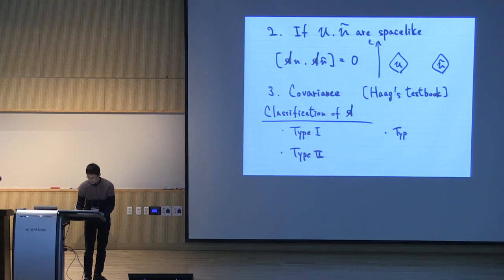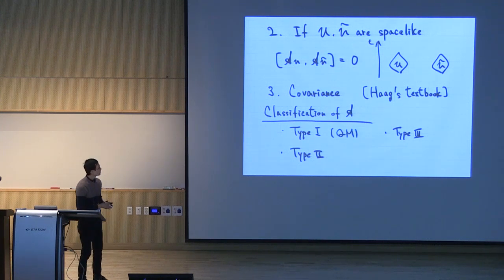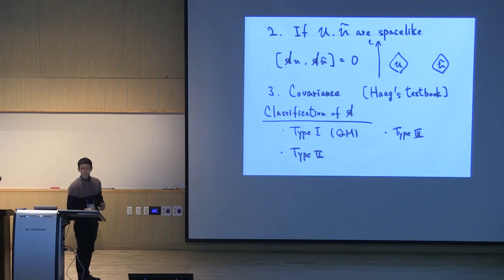Basically the classification was done by von Neumann. Type 1 corresponds to quantum mechanics, so you have a tensor product decomposition of your Hilbert space, and you can define a trace. This is the most familiar case to us.